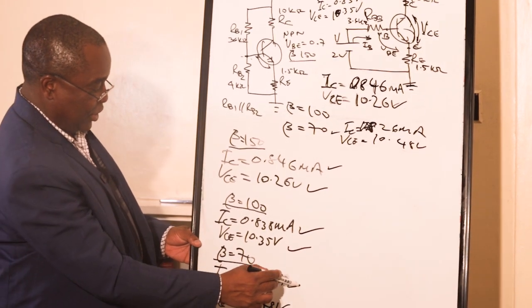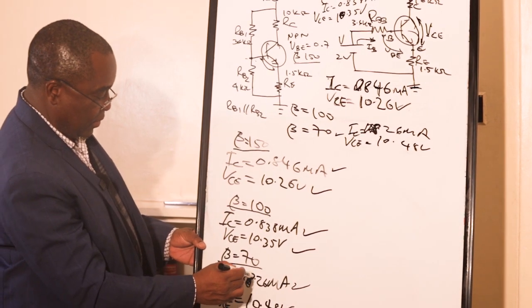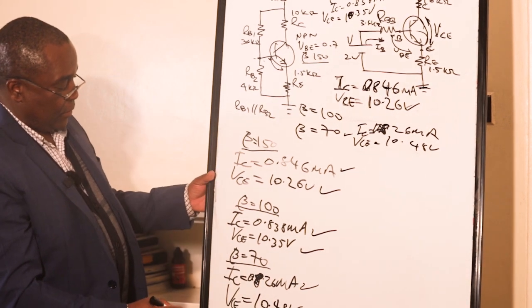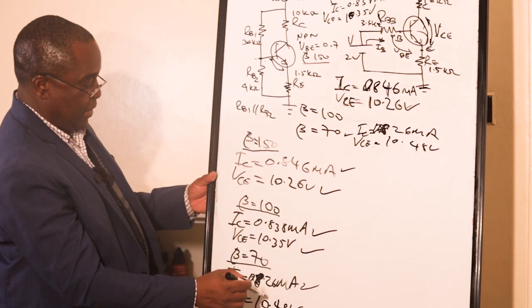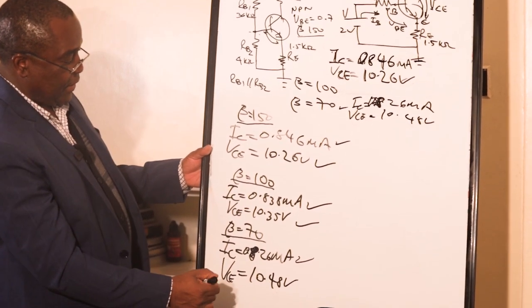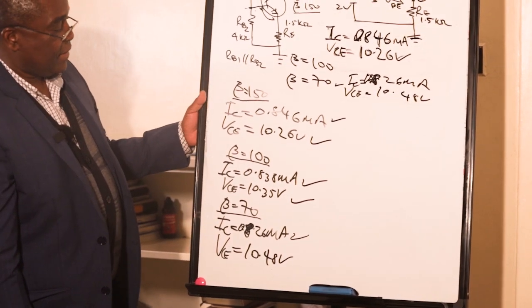So very slight changes. Also, the collector emitter voltage at 70 also is 10.48. So also the changes are very slight.